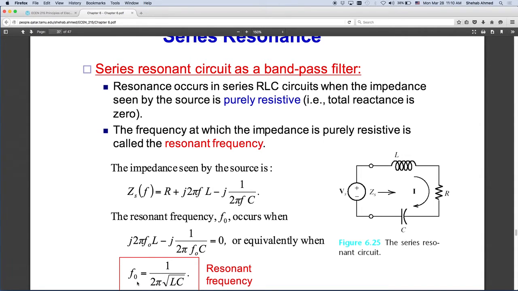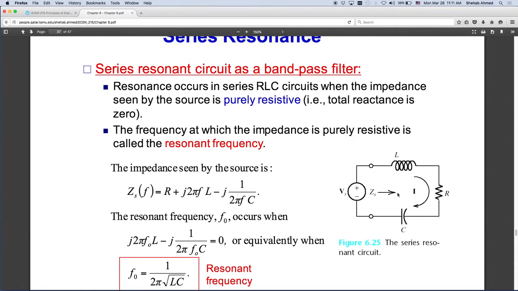If you do that, you will find f naught equals 1 over 2 pi square root of LC. So at f naught equals 1 over 2 pi square root of LC, the inductive reactance component and the capacitive reactance component will equal each other and will be opposite in sign, and they will cancel each other out at that frequency only.